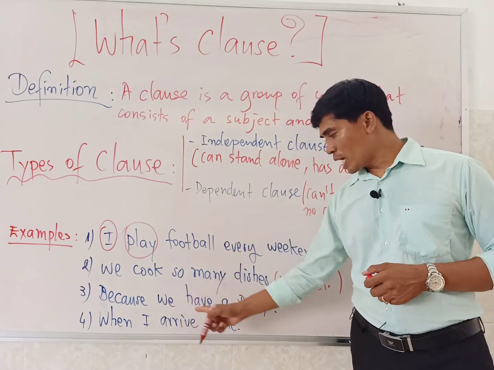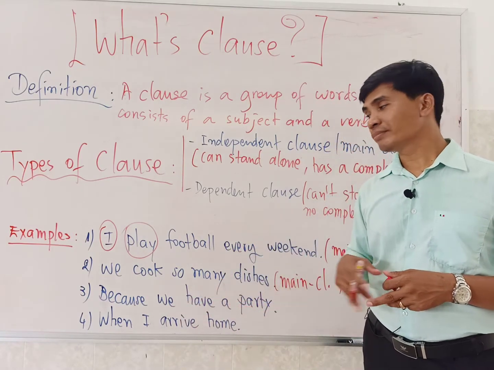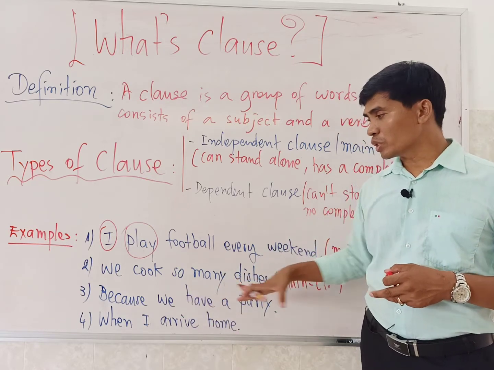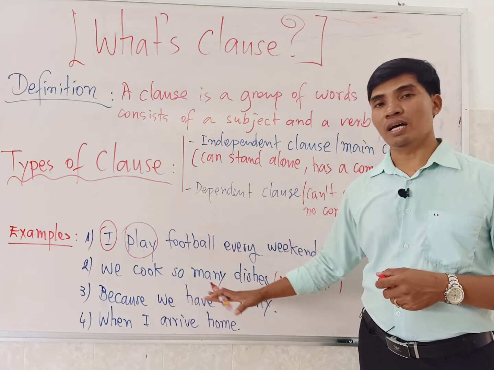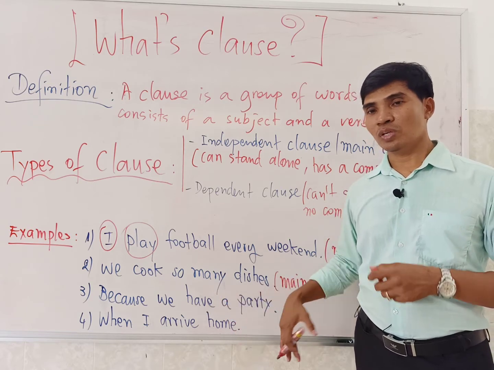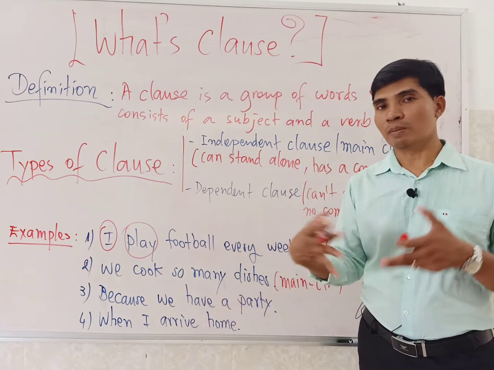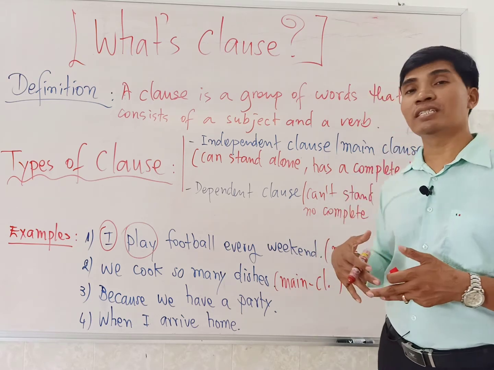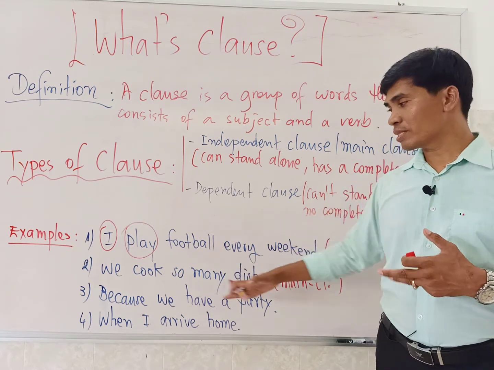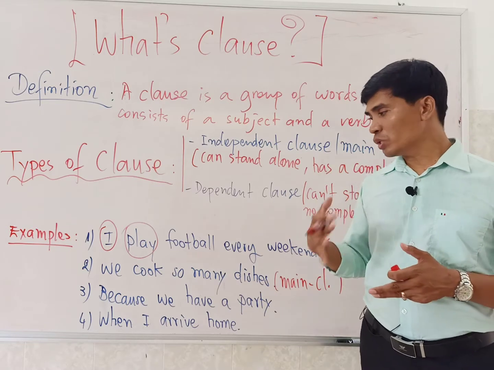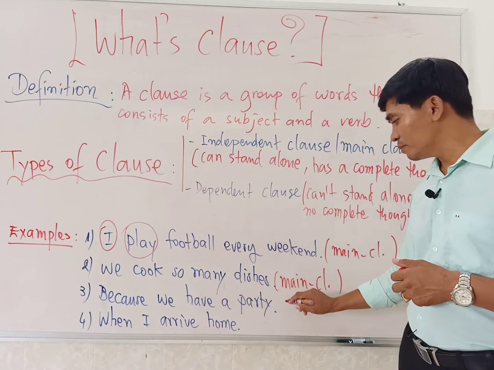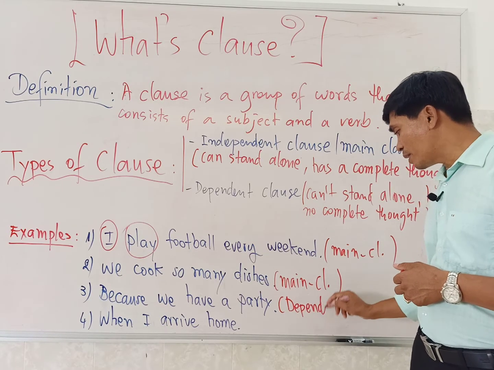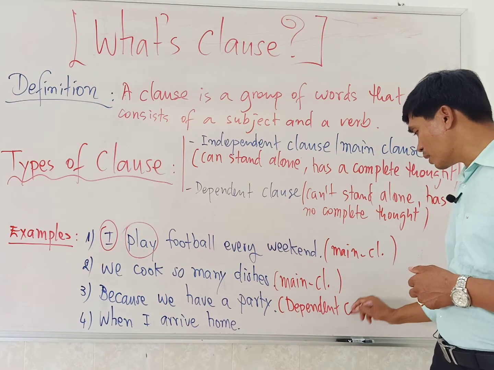Now we move to sentence number 3: because we have a party. Because we have a party. When you read the sentence, does it make sense, or does it need another information to make a complete thought? Sure, it needs more information. So you call this sentence a dependent clause.